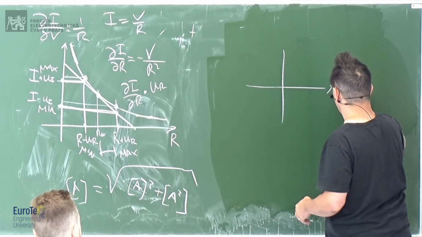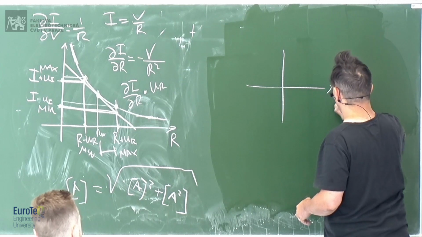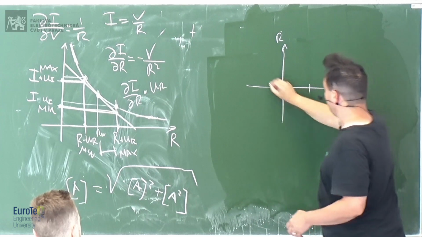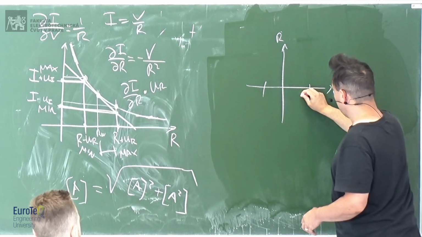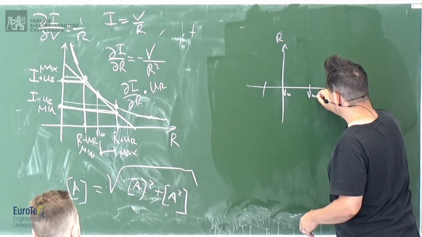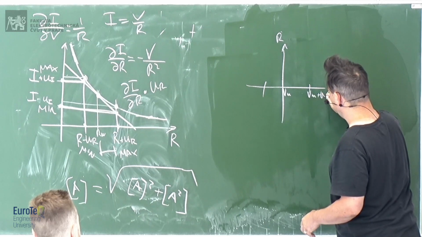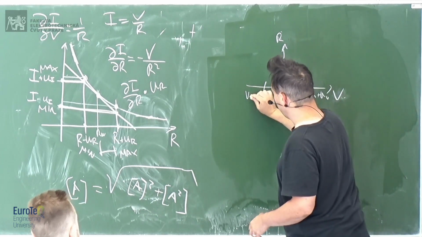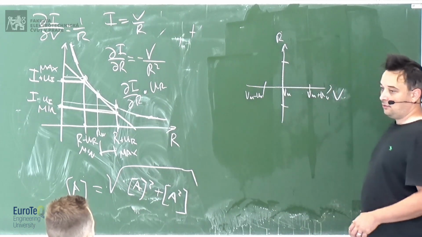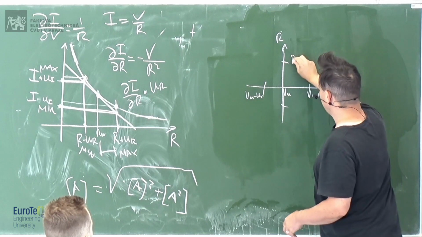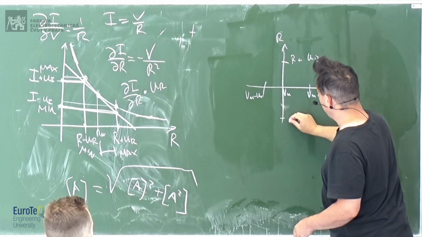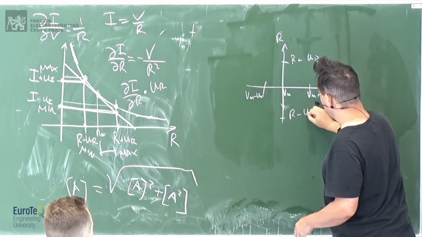This is the value of the voltage, the resistance, and we have some uncertainty. So this is Vm, and this is Vm plus the uncertainty of the voltage, and here is Vm minus the uncertainty of the voltage. And here we have the resistance plus the uncertainty of the resistance, and this is the resistance minus the uncertainty of the resistance.